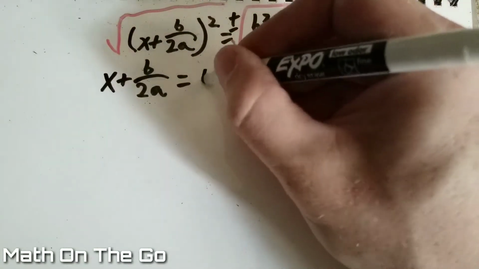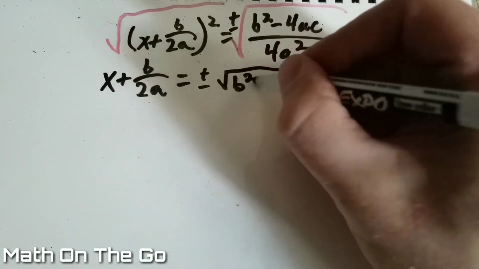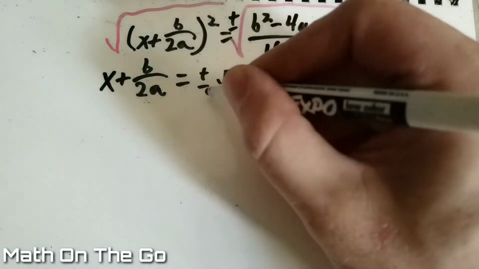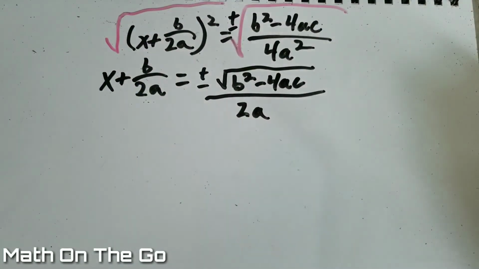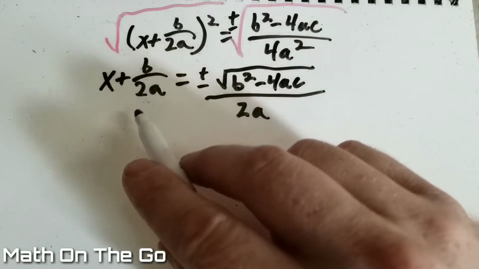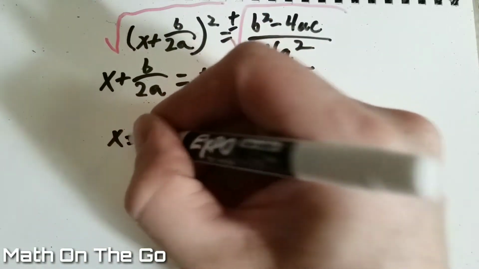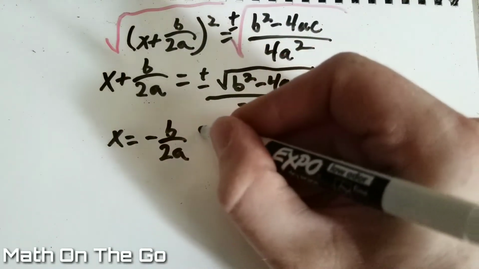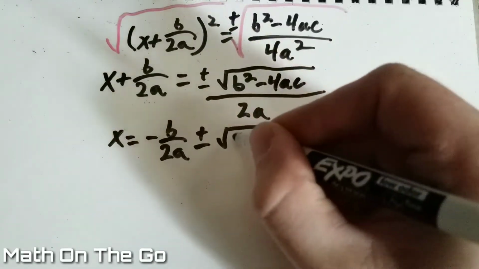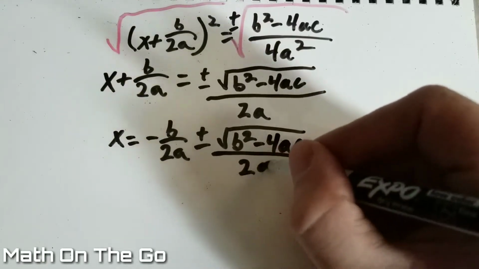So we got plus or minus the square root of b squared minus 4ac, and the square root of 4a squared becomes 2a. All right, now that we've got that down, we move our b over 2a to the right hand side by subtracting from both sides, giving us x equals negative b over 2a plus or minus the square root of b squared minus 4ac all over 2a.